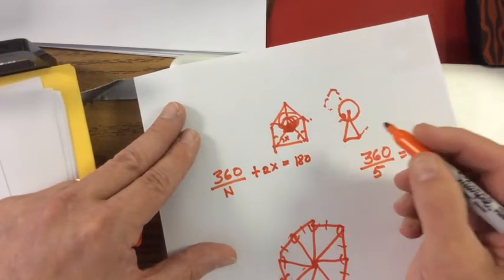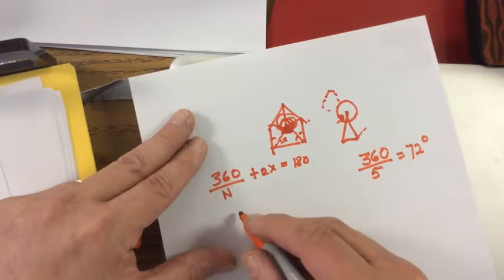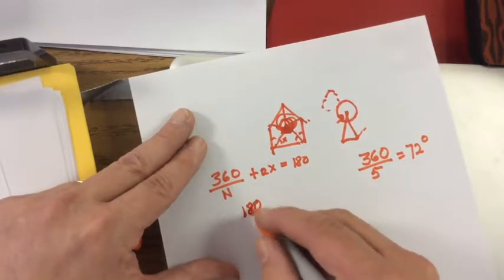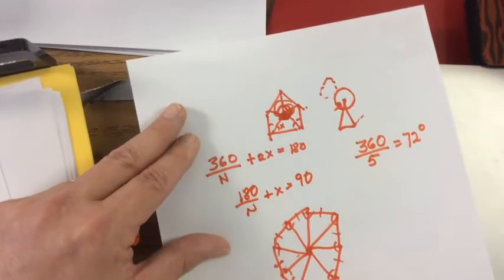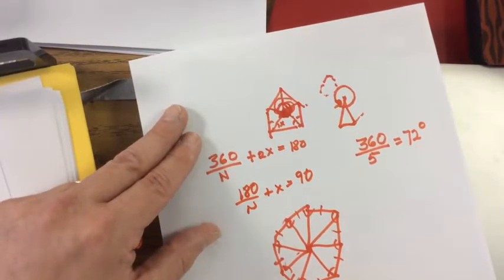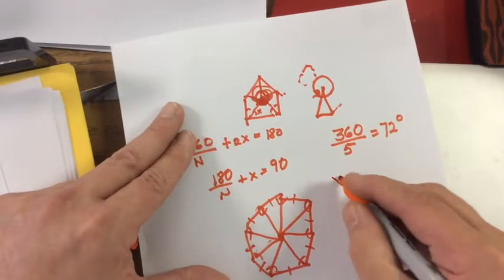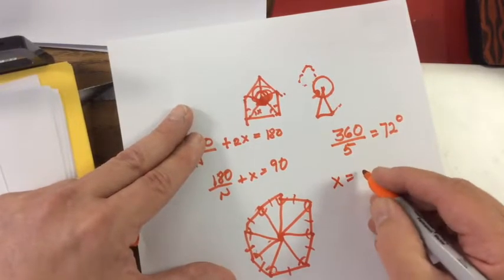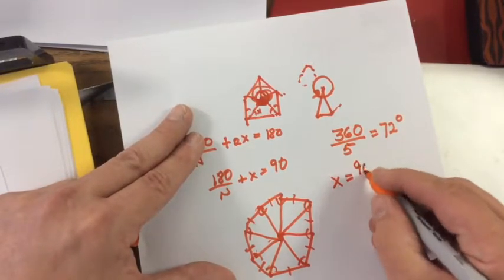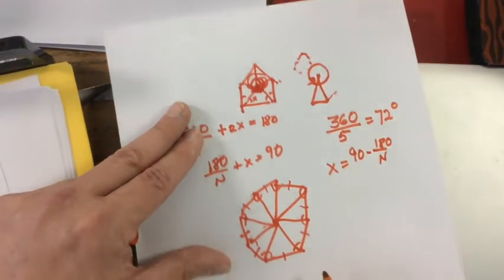Is that right? Let's see. Can we simplify this a little bit? You could divide it by 2. All right, that worked. I could subtract 180 over n from both sides, and I would get x is equal to 90 minus 180 over n.